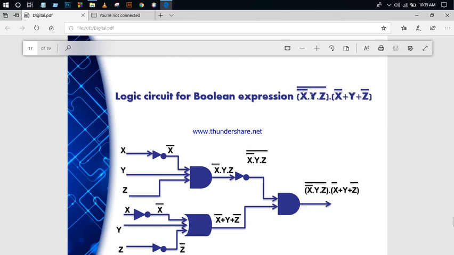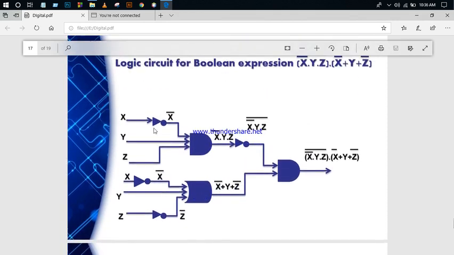This is called x bar dot y bar, and x bar dot y dot z whole bar. This is the whole bar. It gives x bar bar, y bar, z bar, which is all of x y z dot x bar plus y plus z bar. These two functions are the same as the dot function.